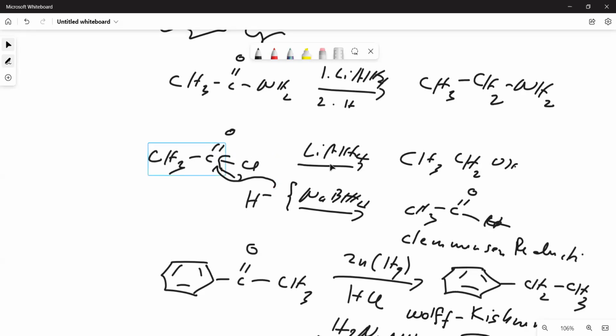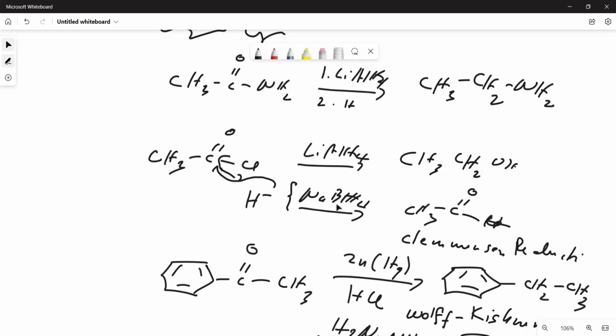Well, if you use lithium aluminum hydride, the hydride can replace the chlorine to form ethanal, and the ethanal can still be reduced, because we said aldehyde can be reduced by lithium aluminum hydride. So after replacing the chlorine with hydride, you form ethanal. And the ethanal can react again with hydride to form ethanol.